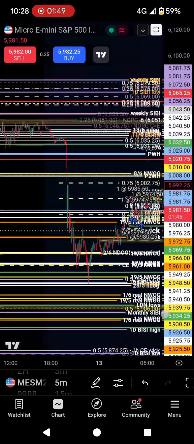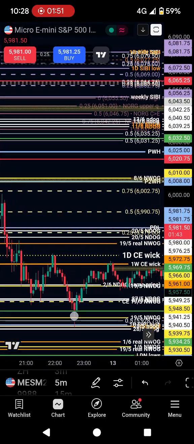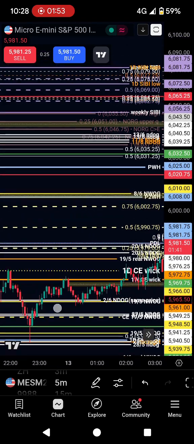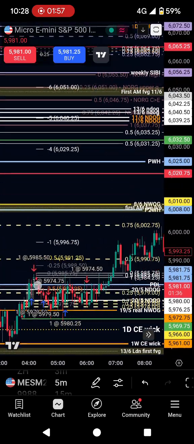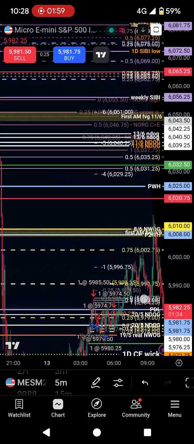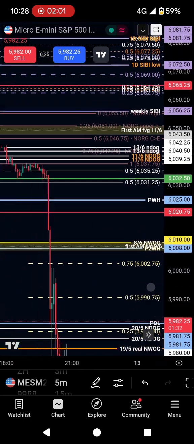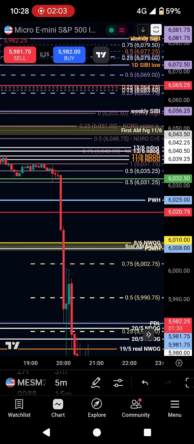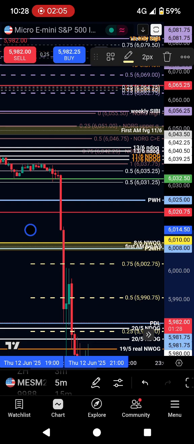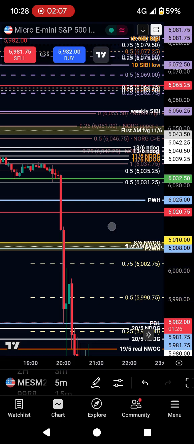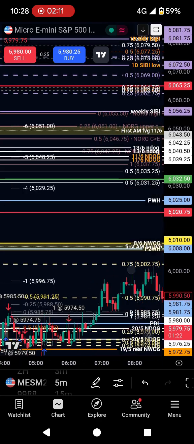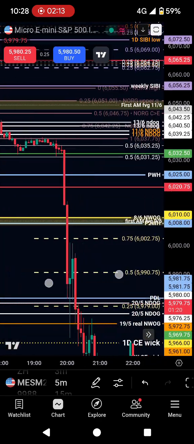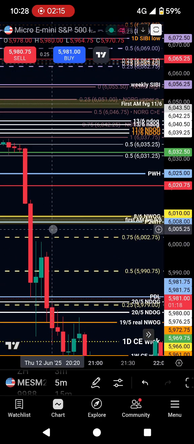Okay, so what you can see here is it slowly climbed back up, and hit here, this fair value gap.